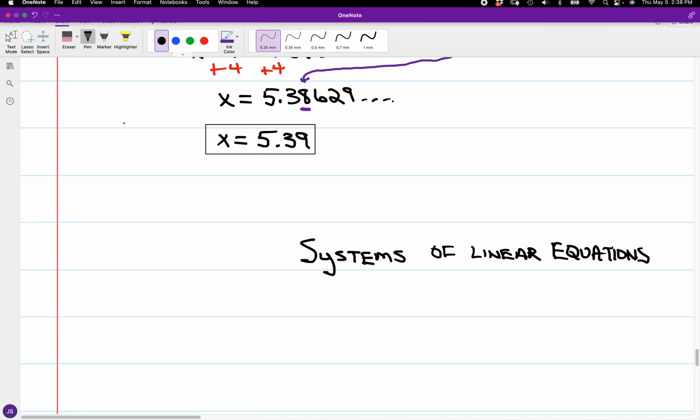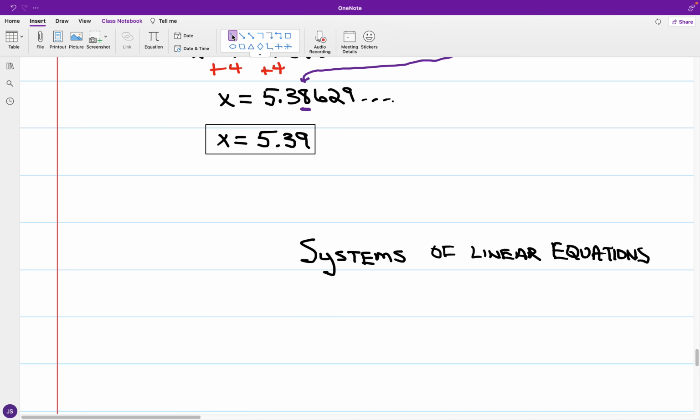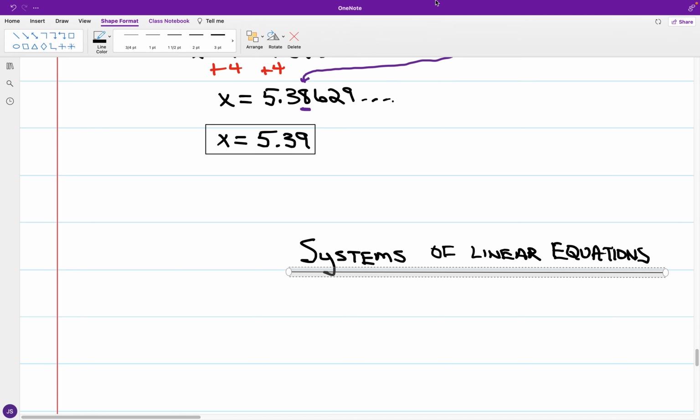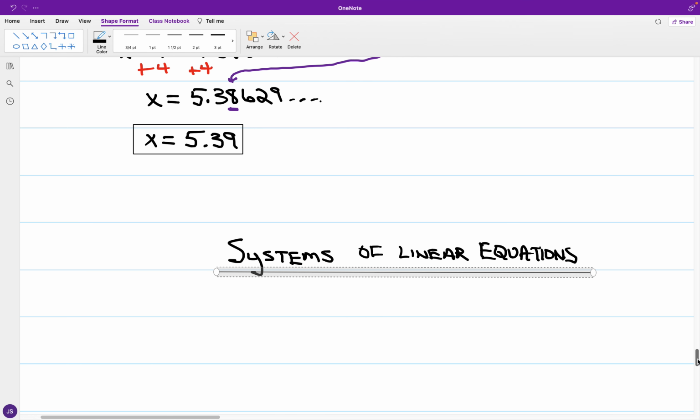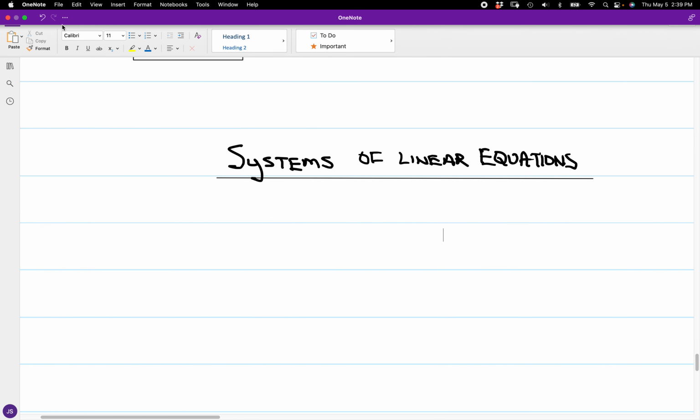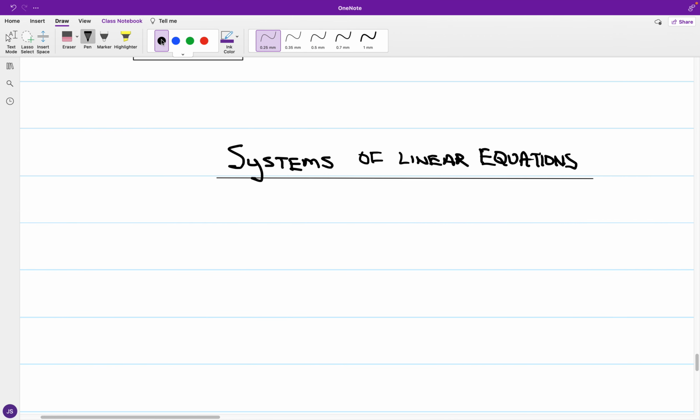And in the case of systems of linear equations, for a system of linear equations, we'll be looking at just the variables x and y.